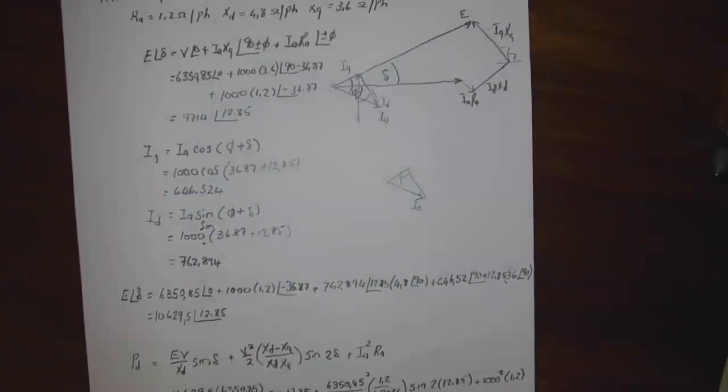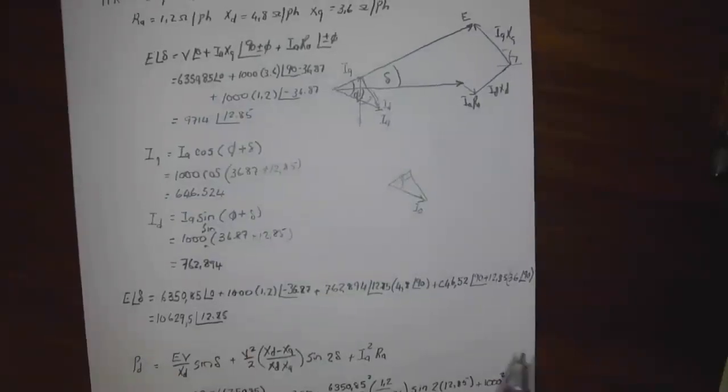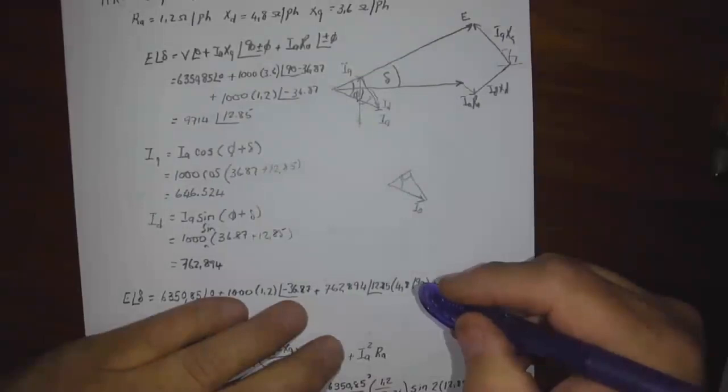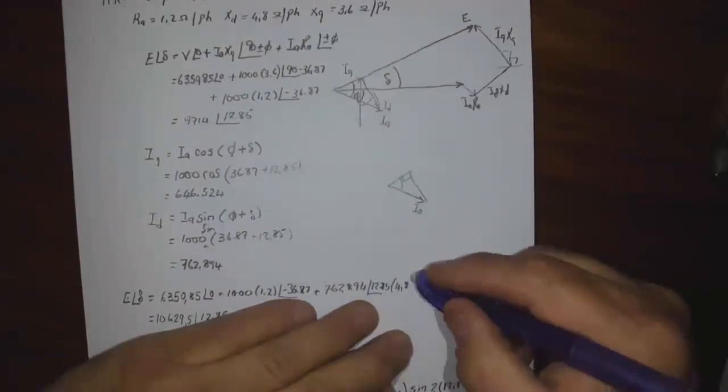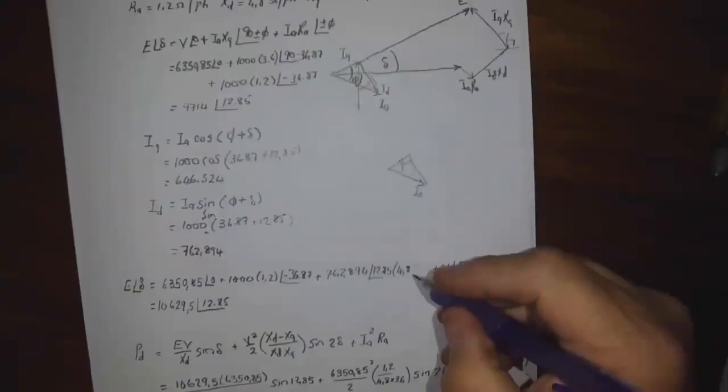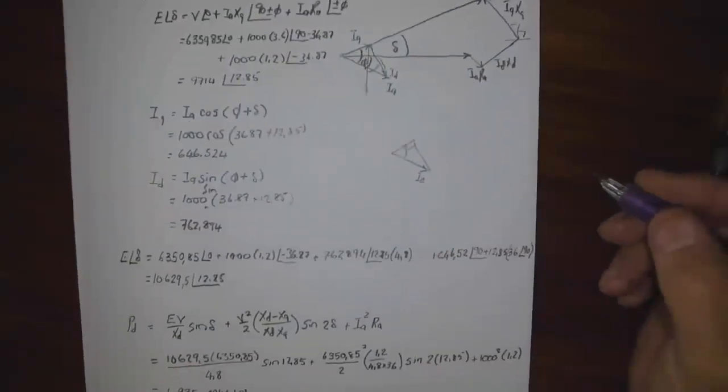And then your IDXD is 4.8. Yes, and on that other side you have 90 plus load angle and another angle by 3.6.